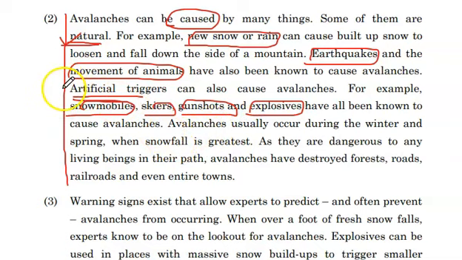So there are two different types of causes of avalanches. Natural causes, which include snow or rain, earthquakes, movement of animals, and artificial causes, which include snowmobiles, skiers, gunshots, and explosives.